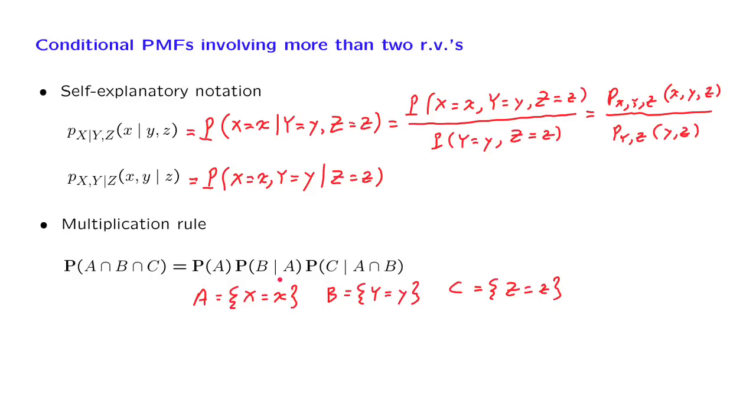Then we can take this relation, the multiplication rule, and translate it into PMF notation. The probability that all three events happen is equal to the product of the probability that the first event happens, then the conditional probability that the second event happens, given that the first happened, times the conditional probability that the third event happens, this one, given that the first two events have happened.